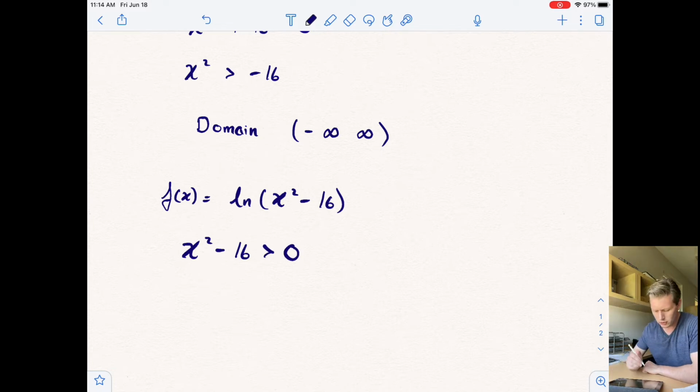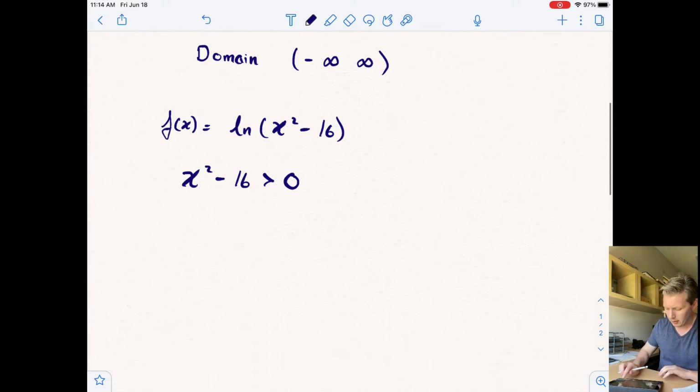I can try to solve this. Therefore x squared must be greater than 16.